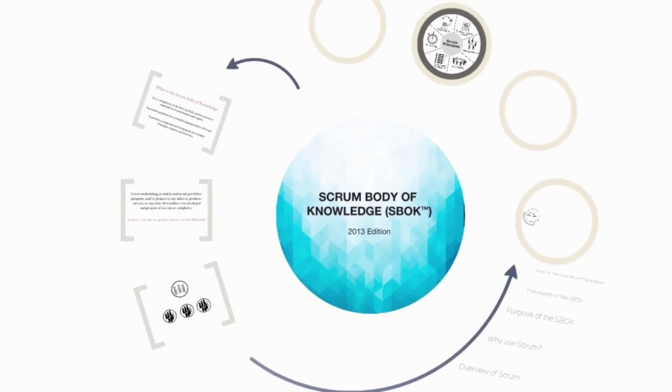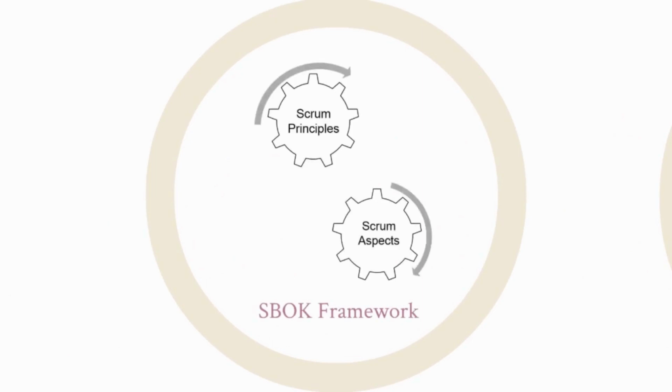Now that we have pretty much summed up the Scrum body of knowledge in general, let's quickly run through an overview of a guide to the SBOC chapters. The first chapter describes the purpose and framework of a guide to the SBOC and provides an introduction to the key concepts of Scrum. It also contains the summary of Scrum principles, Scrum aspects, and Scrum processes.